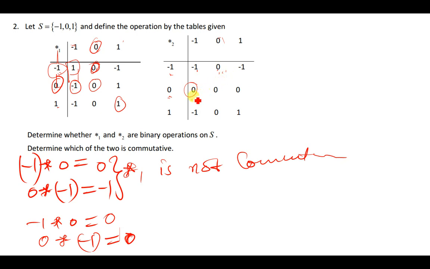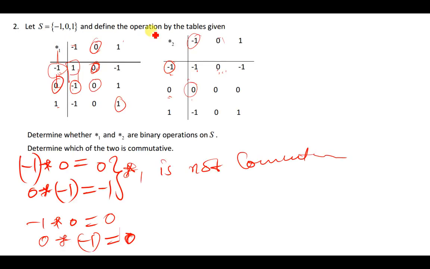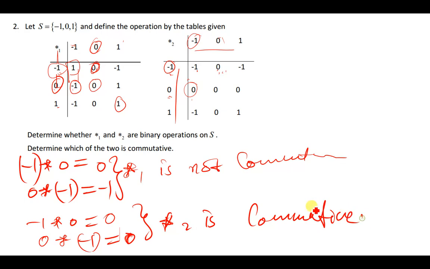If they are all giving you the same answers, starting from this side going to this side, as starting from that side coming to this side, then that given table is commutative, or rather star 2 is commutative. That's what it means, or it obeys the commutative law.